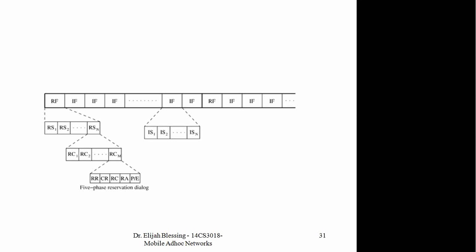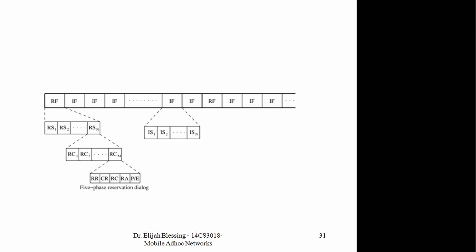Now by doing one particular reservation in one particular slot, I have the flexibility of sending the same data or other set of data at different IFs. That's the beauty.